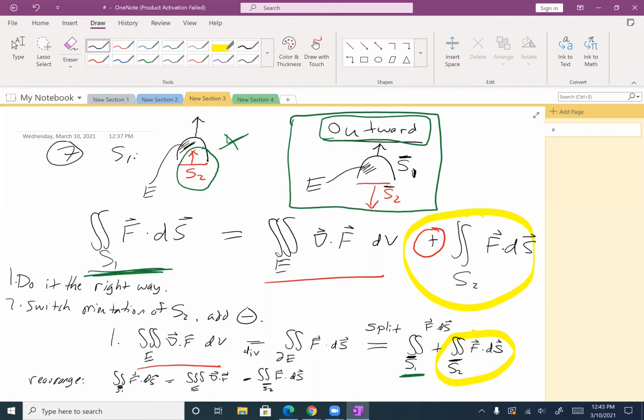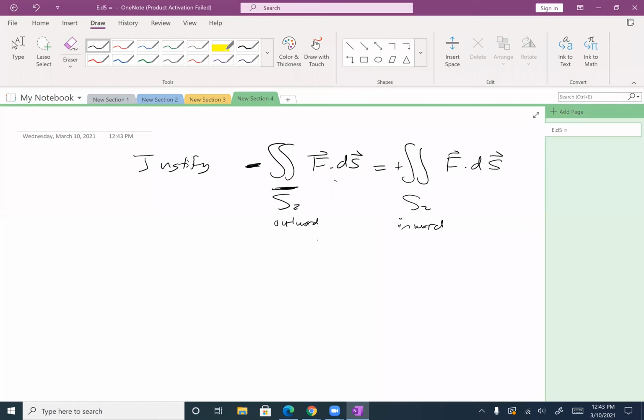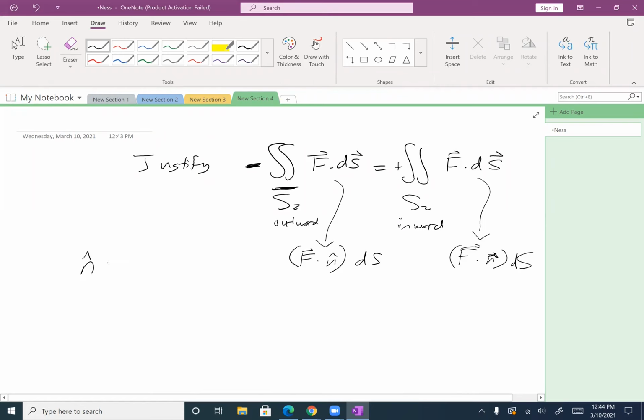Okay, so really what's going on here is we have to use the normal vectors. Remember, ds is shorthand notation for f dot n times the surface area element. Now the key thing is that these are two different normal vectors. The normal vector for the outward is actually the negative of the normal vector for the inward.